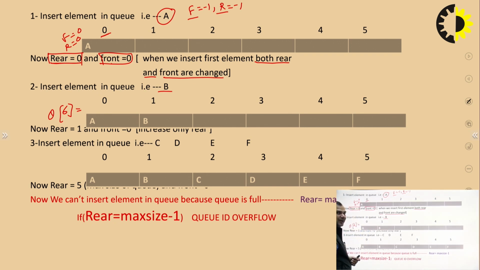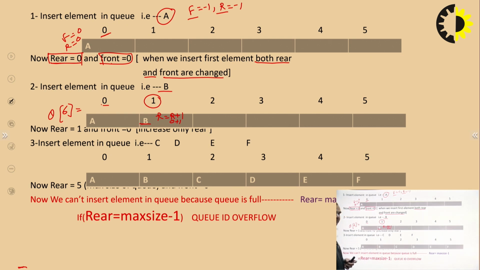Now when we insert an element, we increase the value of rear only. So front stays at position 0 and we insert the element B with rear equal to rear plus 1. So rear equal to 0 plus 1, means rear equal to 1.